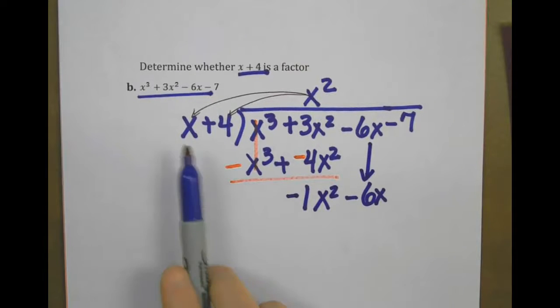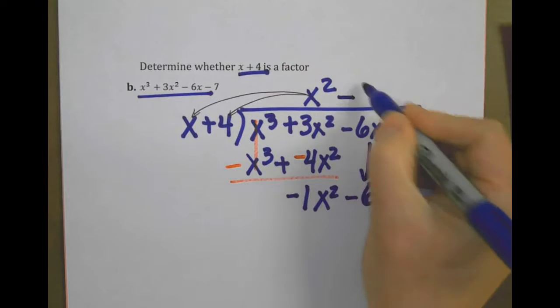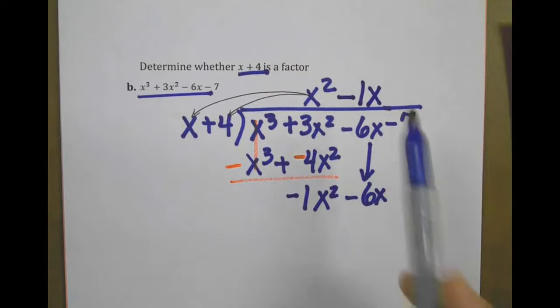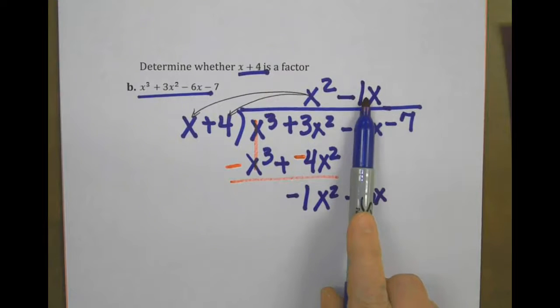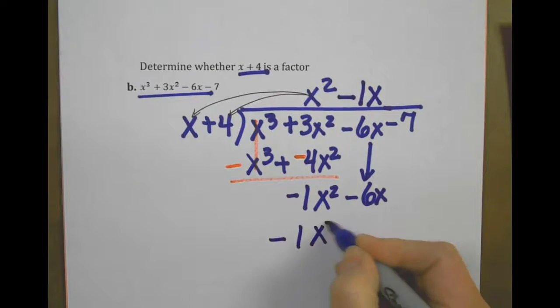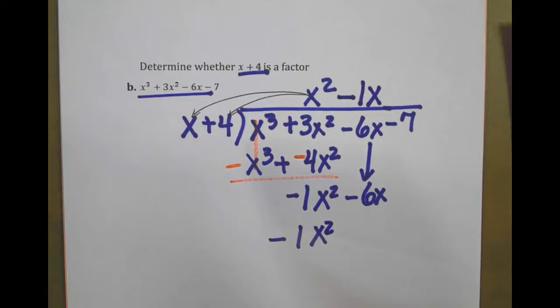What am I going to have to multiply x by so it's going to equal negative 1x squared? You can put the 1 or leave it out. Negative 1x times an x. Negative 1x times 4.